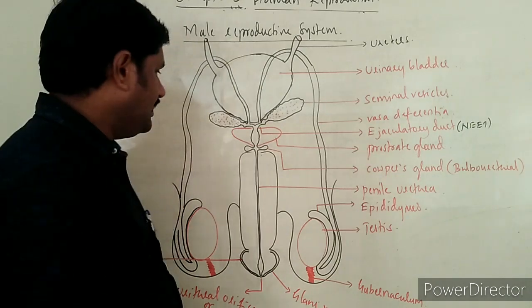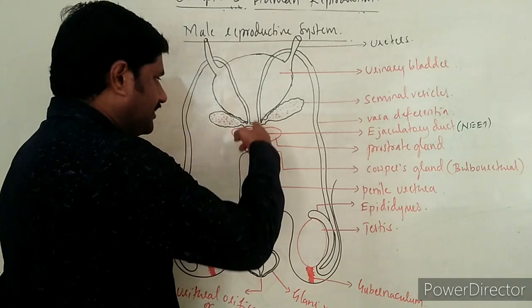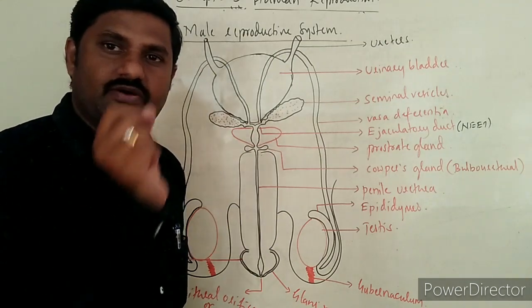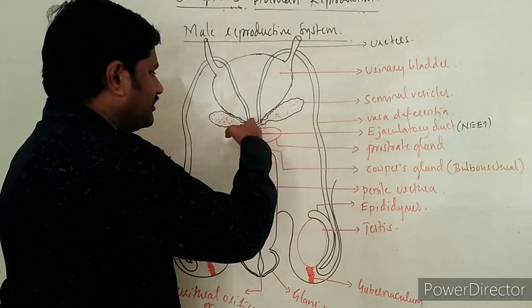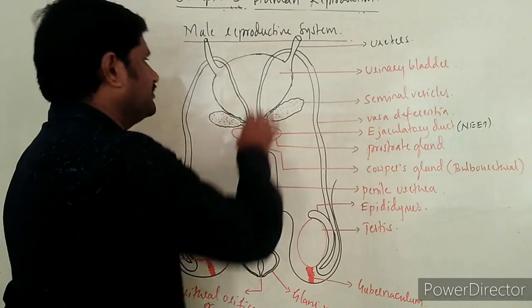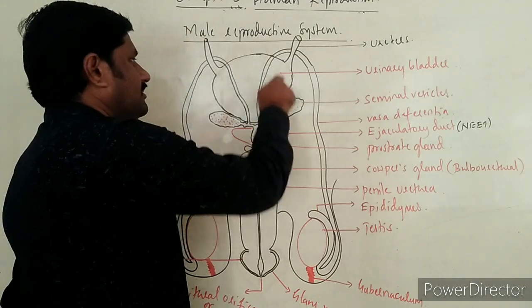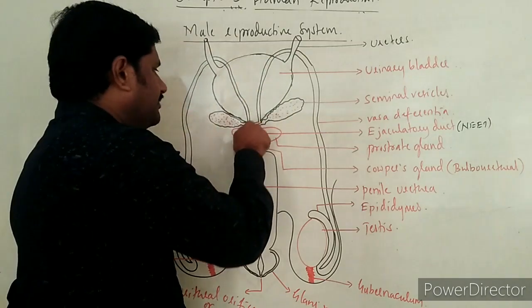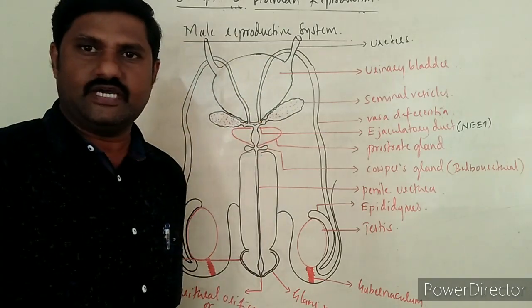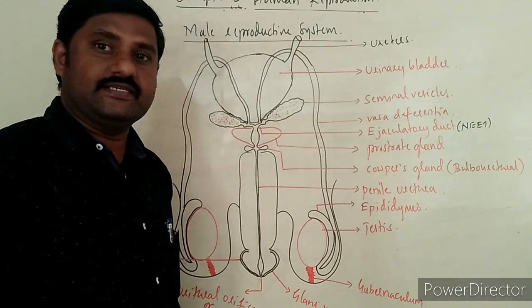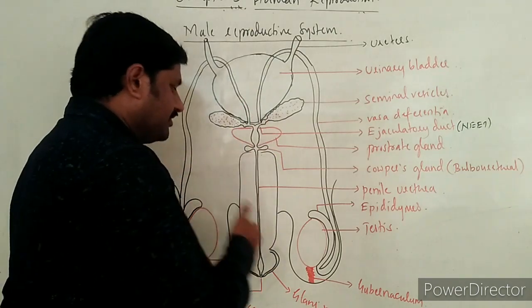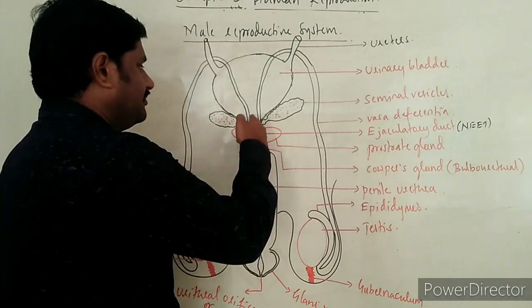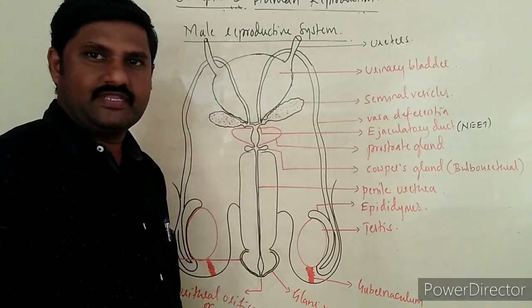urinogenital tract. Why is this urethra said to be the urinogenital tract? Because urino stands for the passage of the urine from the urinary bladder. This entire structure is the urinary bladder through which the urine passes out, and simultaneously it is the same urethra through which the sperm or the semen also passes.